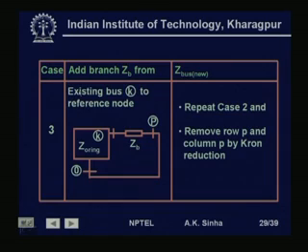Similarly, for type 3 modification, we are adding a branch with impedance ZB to the reference node, as shown here. We do it in 2 steps. First, connect this branch from the existing bus K to a new bus P, and then connect that bus P to the reference bus.